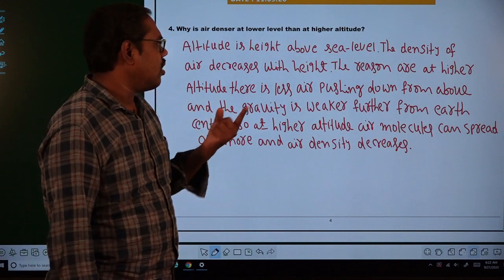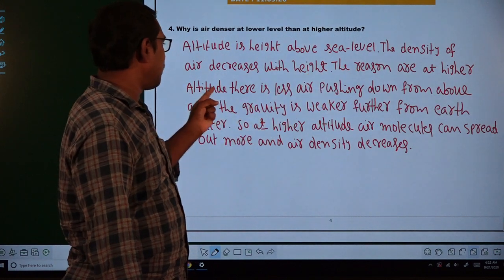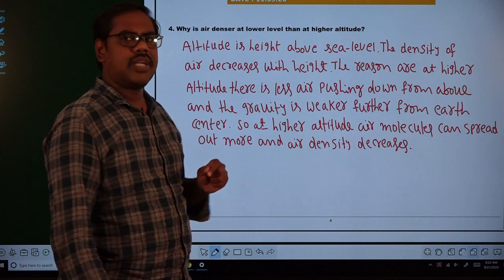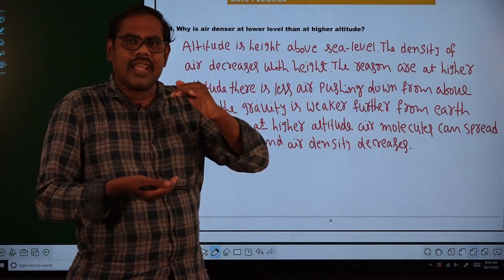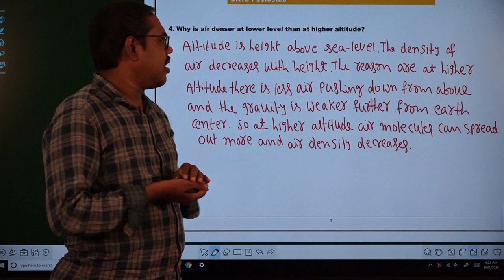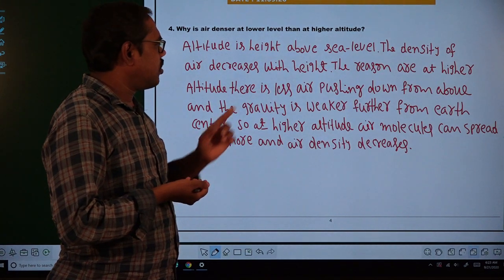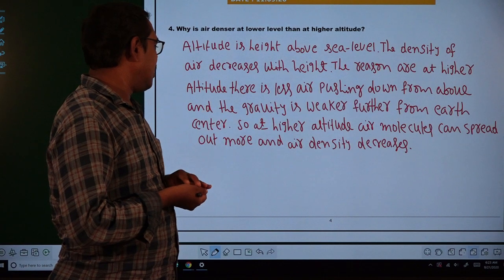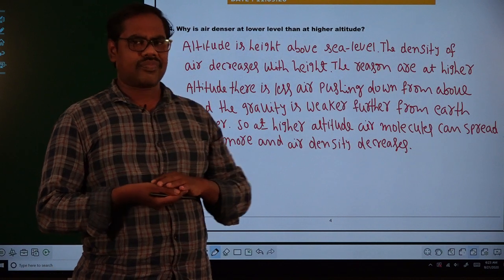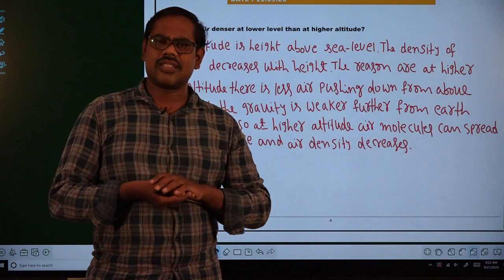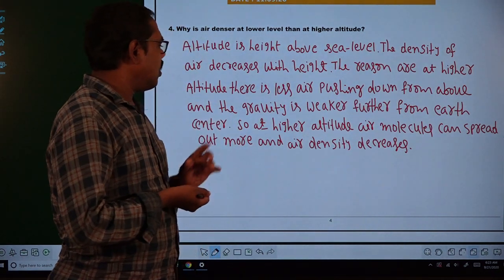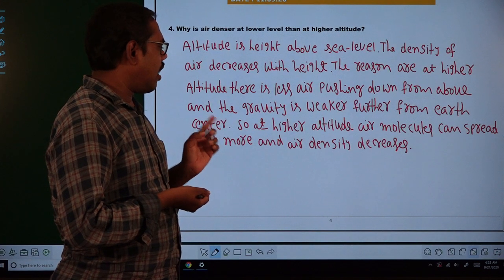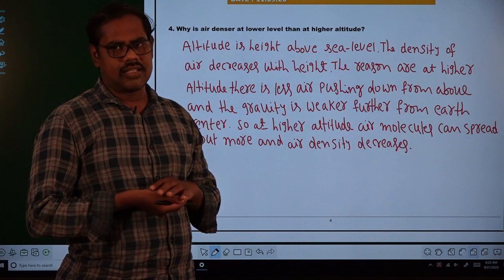At a higher altitude there is less air pushing down from above. That means from top to bottom less air is pushing. And the gravity is weaker further from the earth's center. So at a higher altitude air molecules can spread out more and air density decreases.